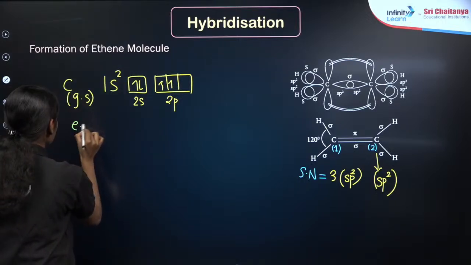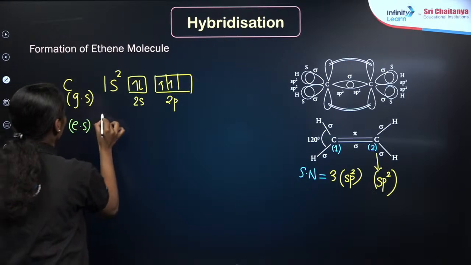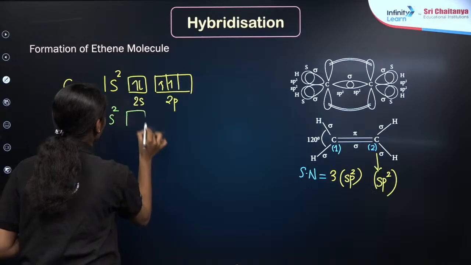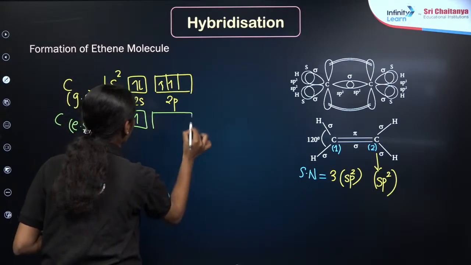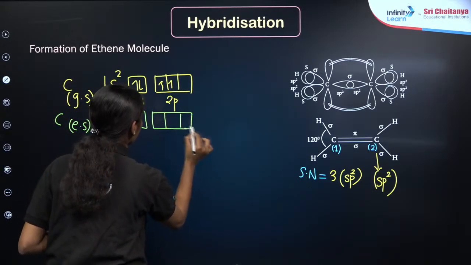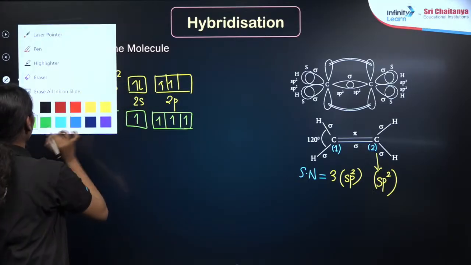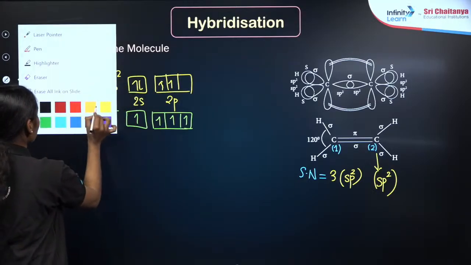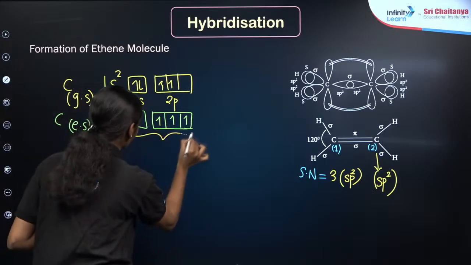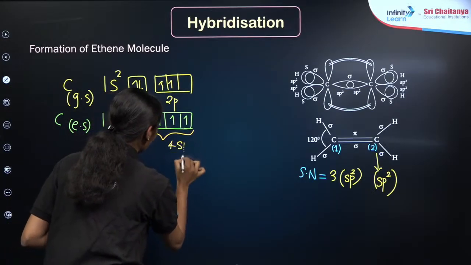During excitation, it goes to the excited state electronic configuration of the carbon atom. So these 4 orbitals could form 4 sp3 hybrid orbitals.